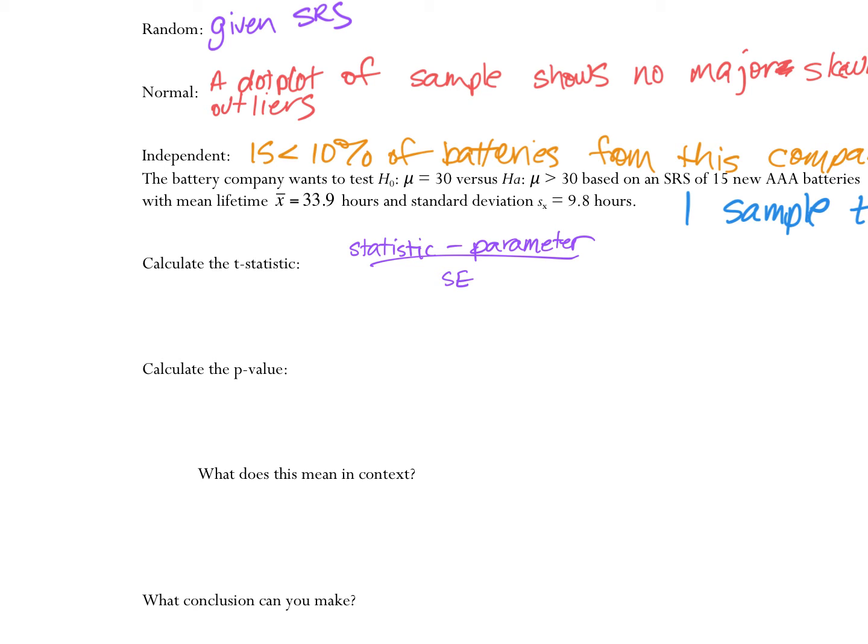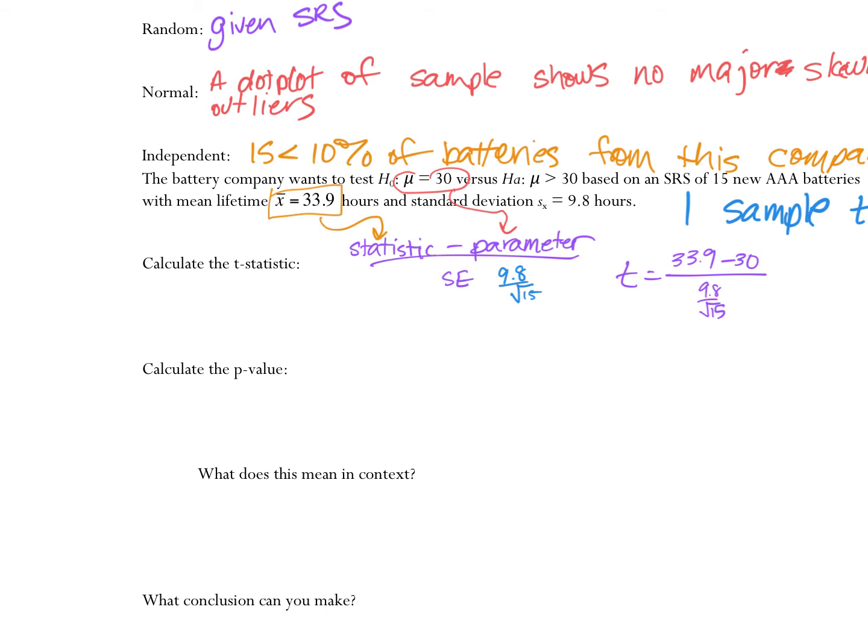It is x bar. What is our parameter in this case? It is 30. What is our standard error? It is s over the square root of n. So to calculate our t statistic, we are going to say t equals 33.9 minus 30 all over 9.8 over the square root of 15.